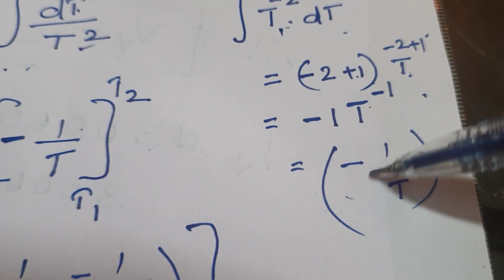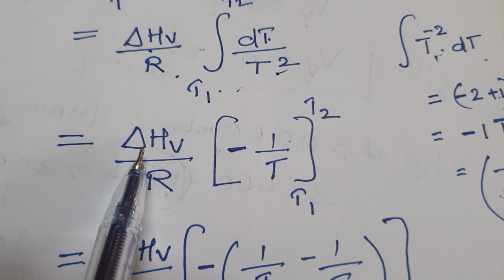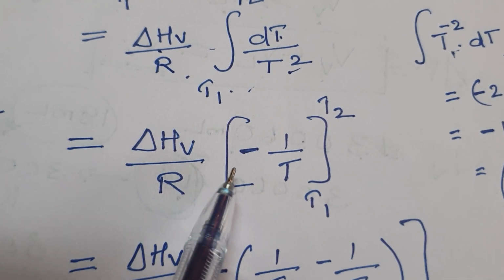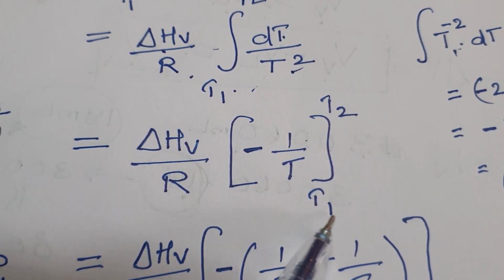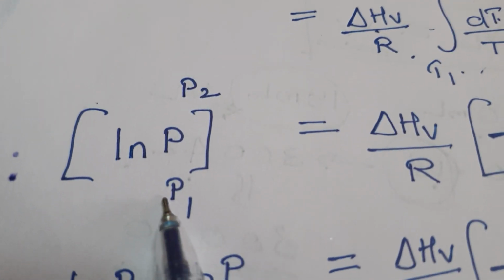So we write it as minus 1 by T. Coming back here, delta H_V by R is equal to minus 1 by T from T1 to T2. And the integral of d ln P is ln P only, from P1 to P2.